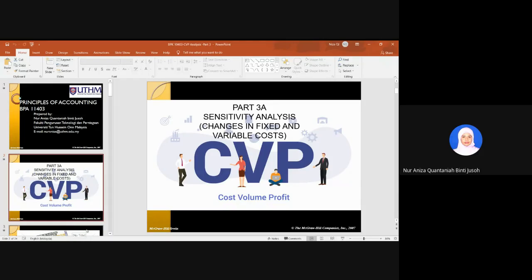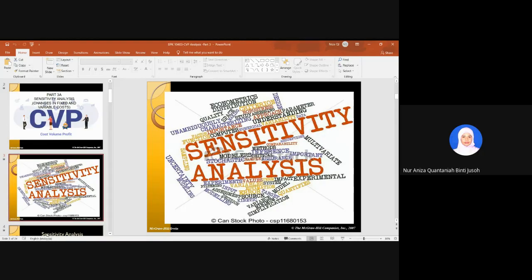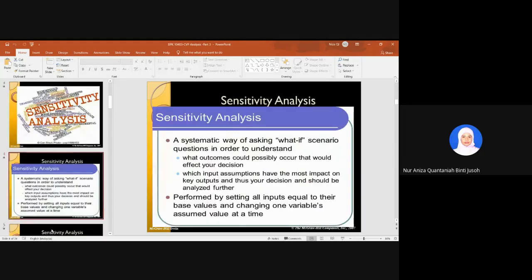What will be the situation if fixed costs change, or variable costs change, or the sales price changes? What will be the effect on the profit and also on the volume? Changes in costs will affect the volume and profit. This is called sensitivity analysis, the what if situation.